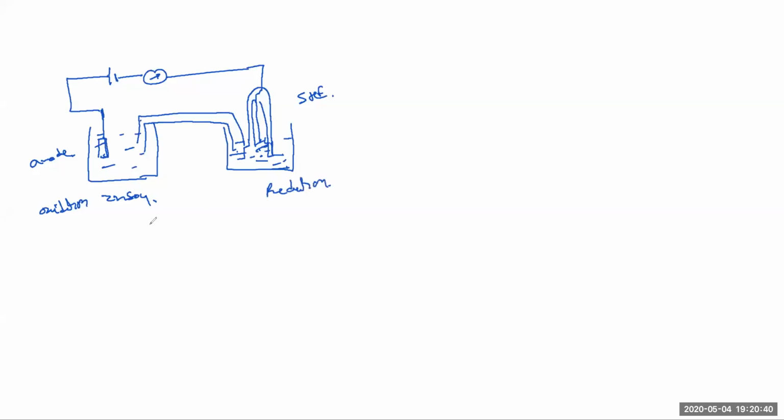Now what is the cell reaction? Oxidation: Zn gives rise to Zn2+ plus 2 electrons. Reduction: 2H+ plus 2 electrons becomes H2.